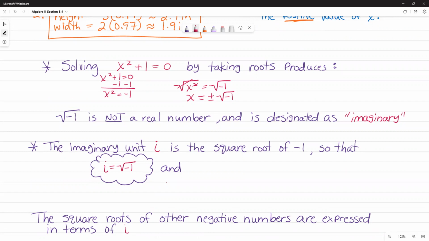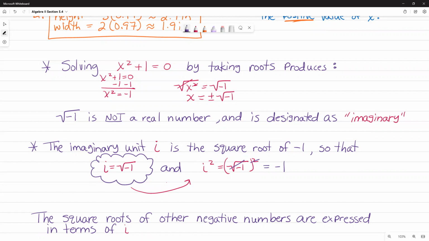Now, this means that if you have i squared, then you have the square root of negative 1 squared, and these cancel each other out, and you end up with negative 1. So i squared equals negative 1. Hold on.